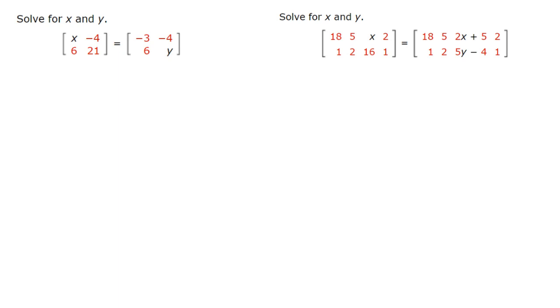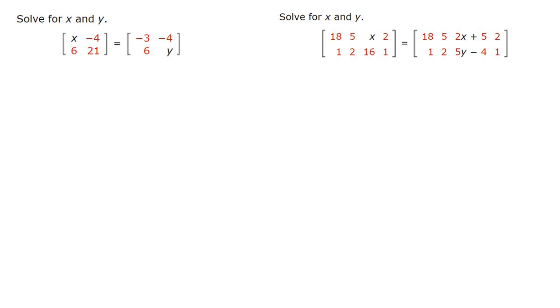Solve for x and y. Okay, so here we have this matrix, x, -4, 6, 21, is equal to this other matrix, -3, -4, 6, y. And as before, what we talked about, for two matrices to be equal to each other, first they have to have the same dimensions. But they also have to have the same elements.